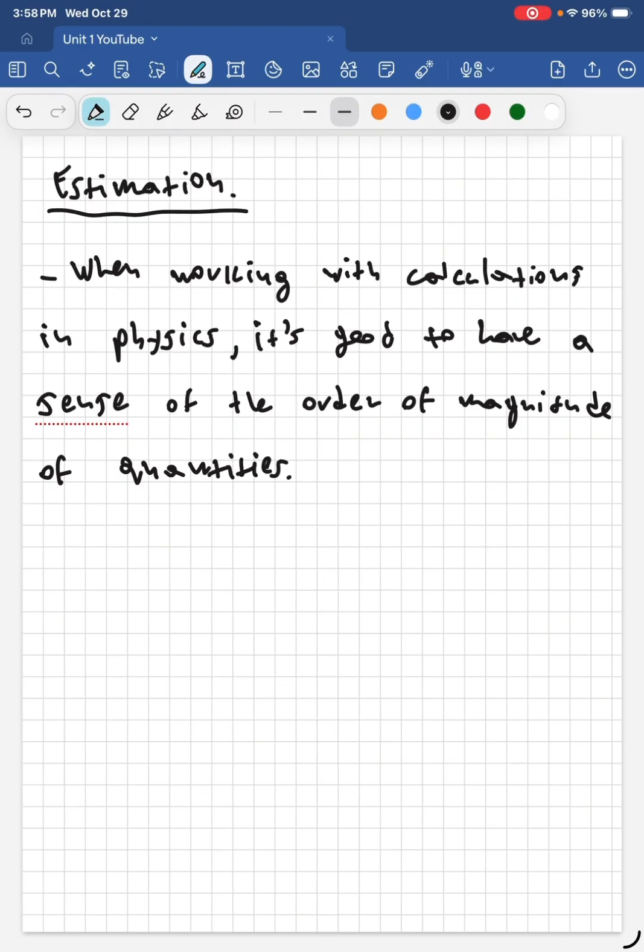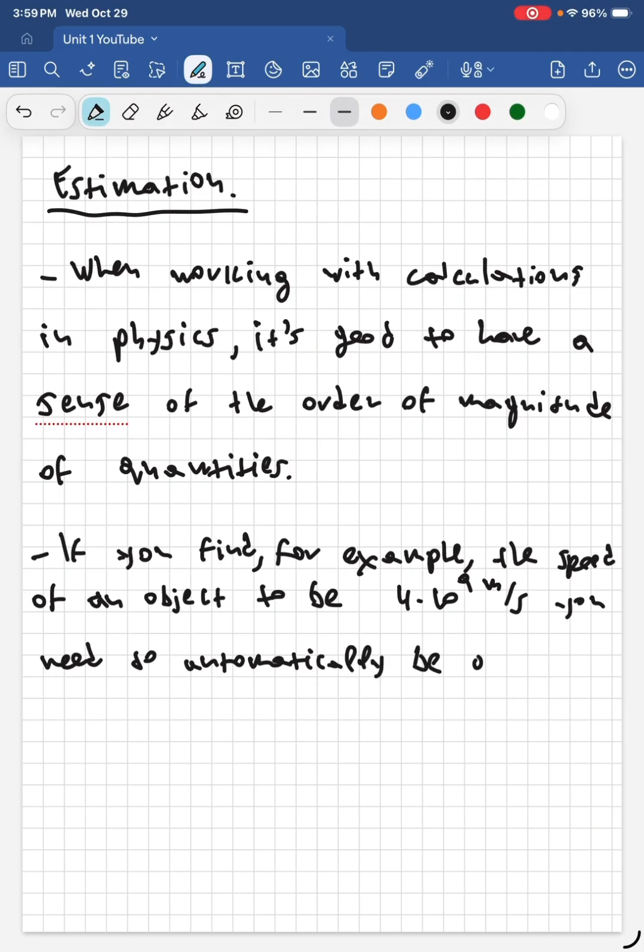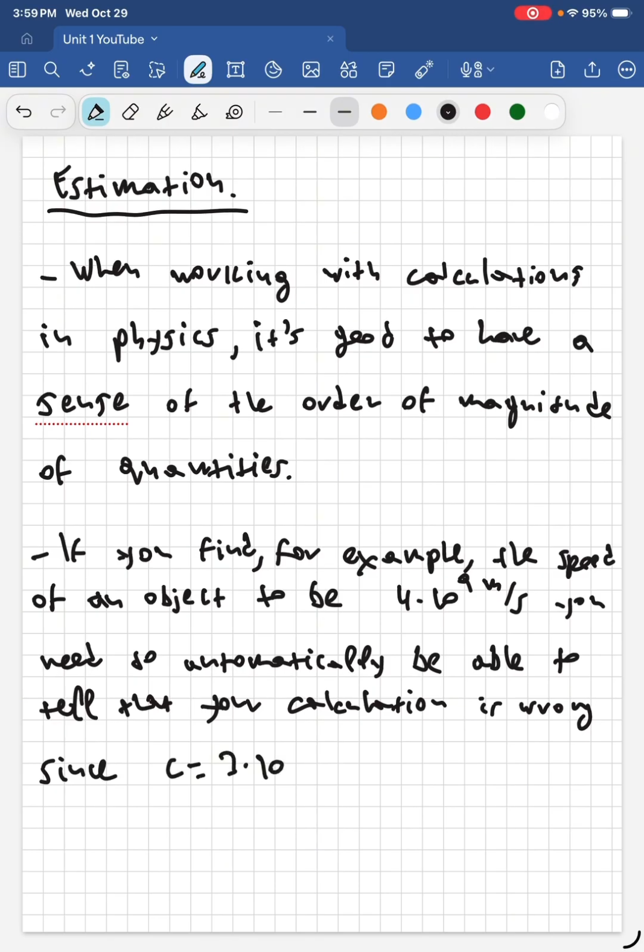Okay, so if you find, for example, the speed of an object to be 4 times 10 to the 9 meters per second, you need to automatically be able to tell that your calculation is wrong, since c is 3 times 10 to the 8 meters per second.